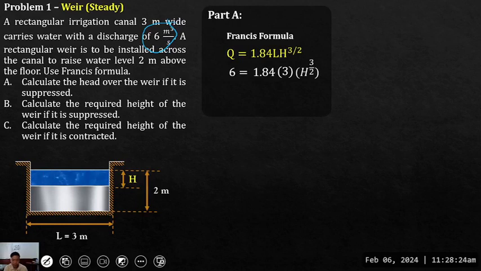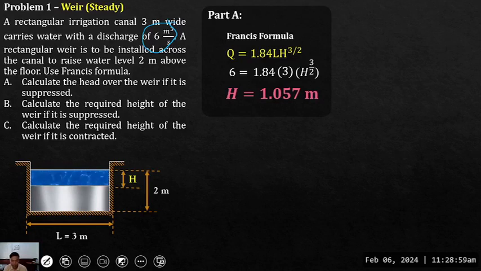So, we can now solve for H. So, what is H, ladies and gentlemen? H is equal to 1.057 meters. Yan na yung sagot for letter A.